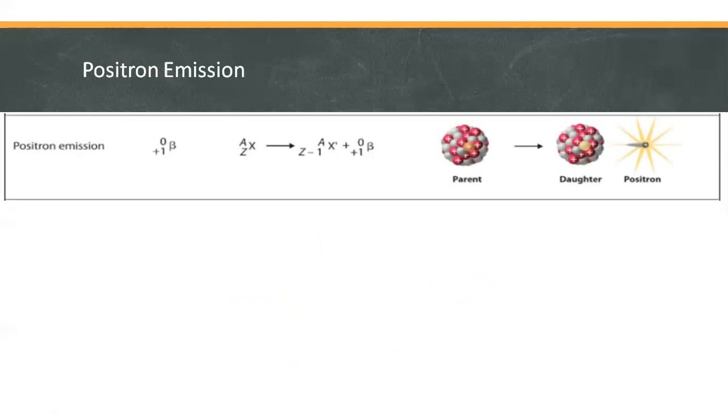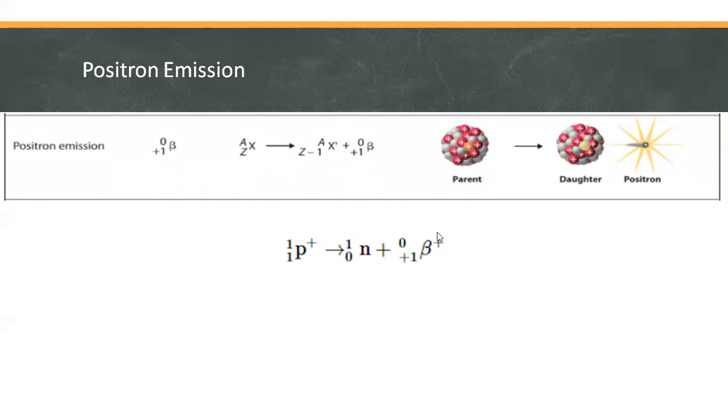Positron emission. A positron has the same mass as an electron but opposite charge. Again, positron means a positively charged electron. Positron emission is the opposite of beta decay. Thus, positron emission is characteristic of neutron-poor nuclei, which decay by transforming a proton to a neutron and emitting a high-energy positron.